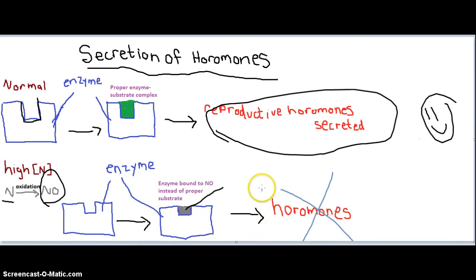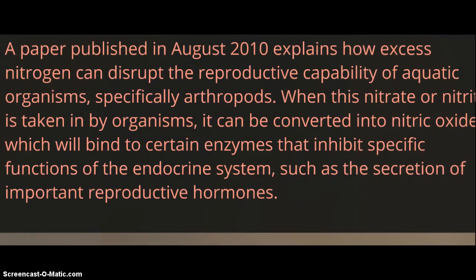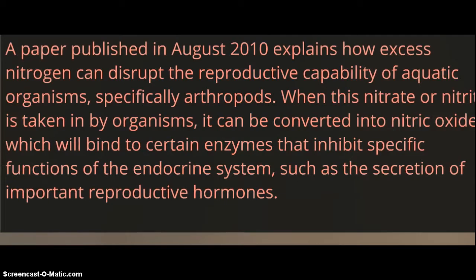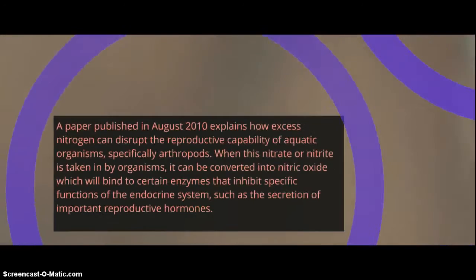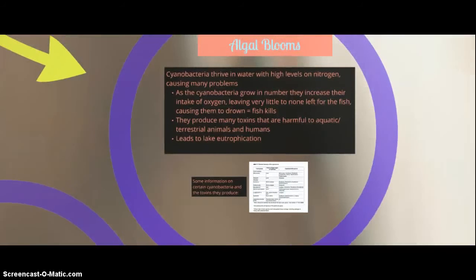And so this inhibits the secretion of the hormones, and the animal is unable to reproduce and eventually maybe die. So now that we looked at the arthropods, let's move on and talk about how this can create algal blooms.